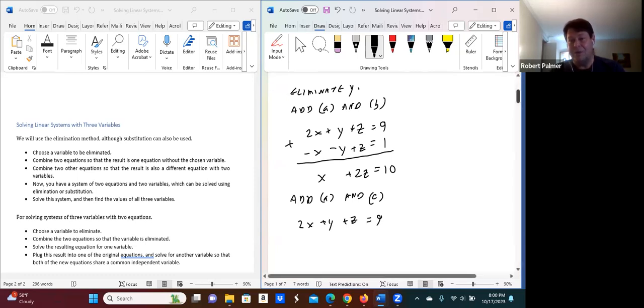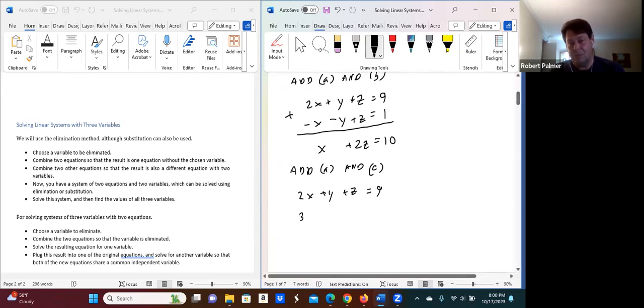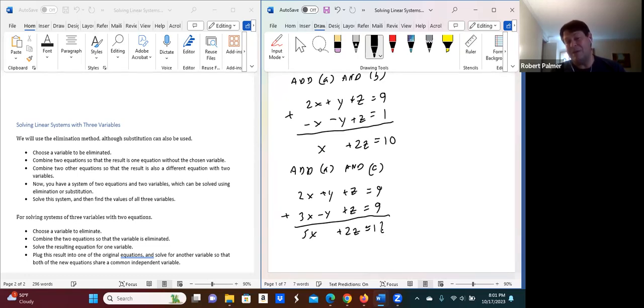And then equation C, 3x minus y plus z is also equal to 9. Once again, add these. This one's going to allow us to eliminate y. And so we have 2x and 3x is 5x, plus 2z is equal to 18.